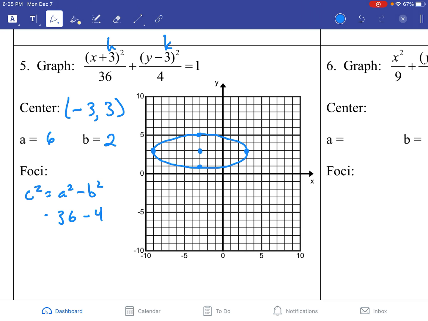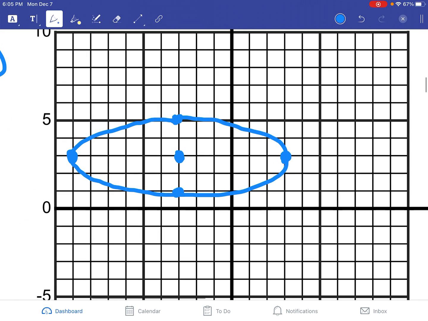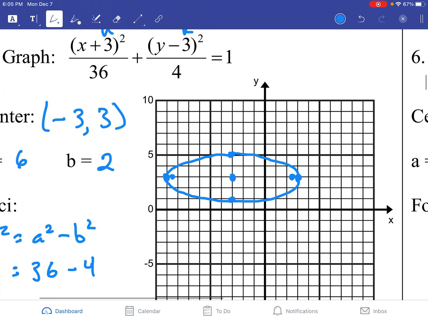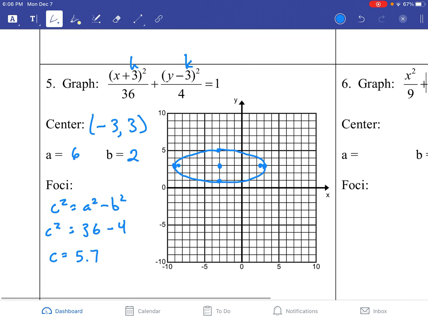So we're going to find out that c is equal to the square root of 32, which if we use our calculator here, square root of 32 is 5.6, or yeah, we'll do 5.7. It's about 5.7. So we're going to make our best guess estimate of where the focal points are. I'm going to put them right there. And that is your graph. Remember, your focus points go on the major axis, which is the longer length of your ellipse.